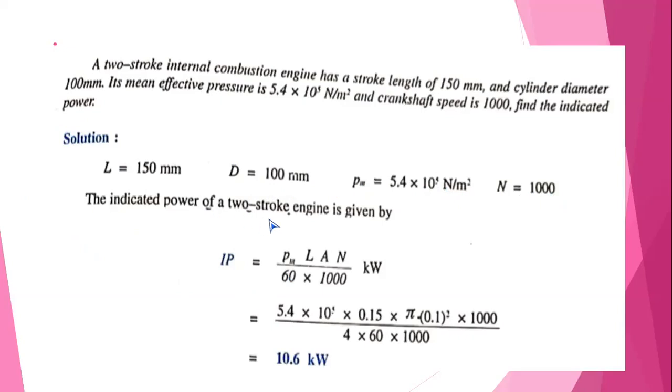The indicated power of the two-stroke engine is given by IP equal to PM L A N divided by 60 into 1000 kilowatts. Mean effective pressure is 5.4 into 10 to the power of 5, L converted from millimeter into meter is 0.15, area of the cylinder pi d square by 4, and N is 1000 divided by 60 into 1000.